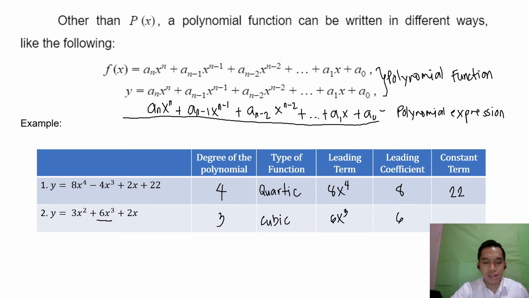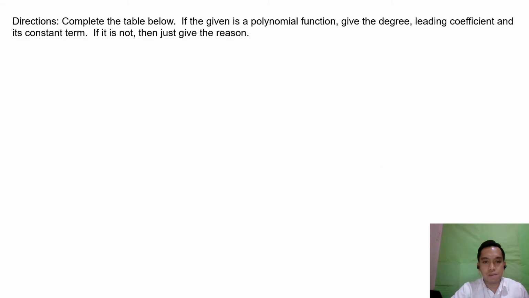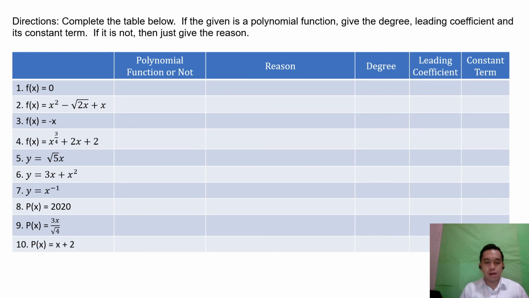Okay, so I hope the discussion is very clear to you. And if wala nang tanong, okay, let's proceed to our activity. So complete the table below. If the given is a polynomial function, give the degree, then the leading coefficient, and its constant term. If it is not, then just give the reason. Okay, so that is numbers 1 to 10.